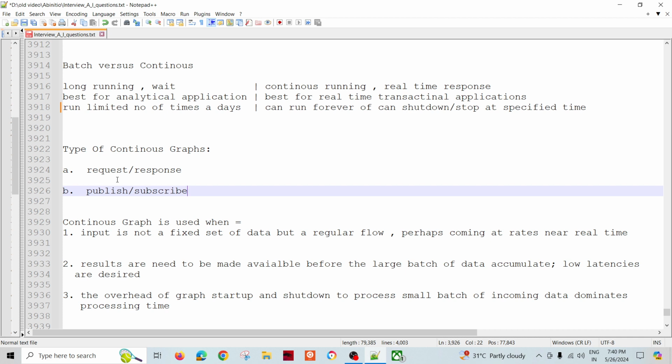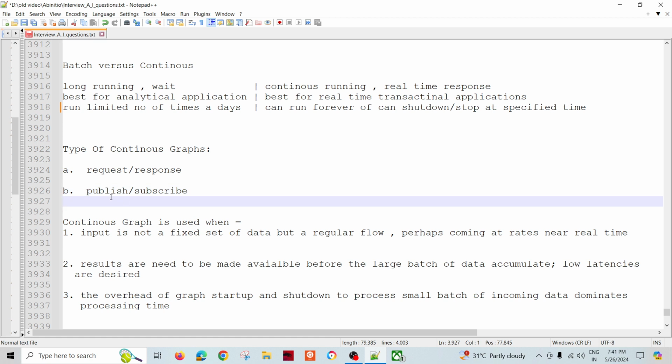So the request can be pipelined into the queue, and then a particular subscriber, or maybe multiple subscribers, can keep on looking at that topic or queue. They will read it, act upon it, process the request, and then they can also send the response into a queue, or otherwise.